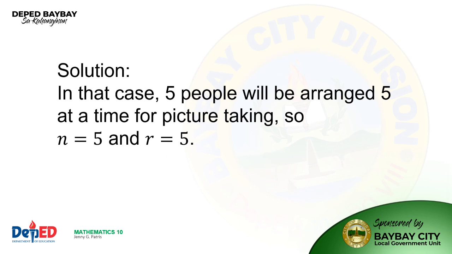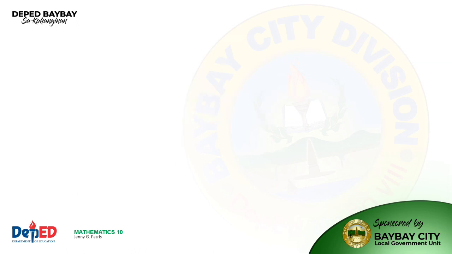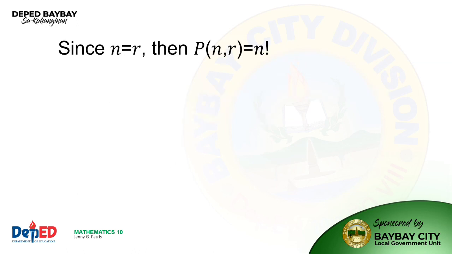So, n is equal to 5 and r is also 5. Since n is equal to r, then the permutations of n taken r at a time is just equal to n factorial.